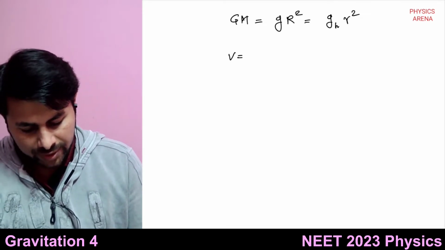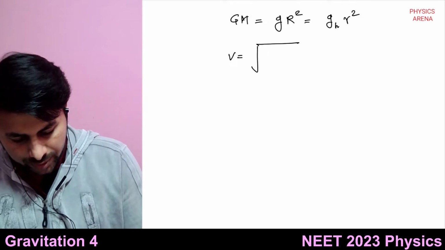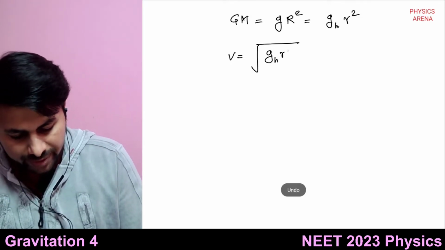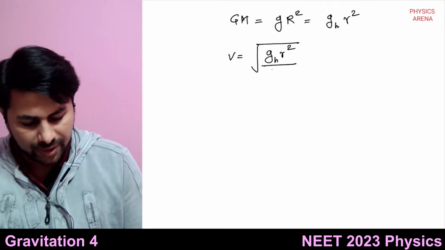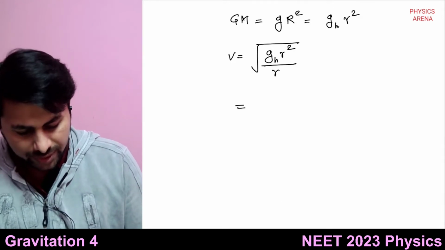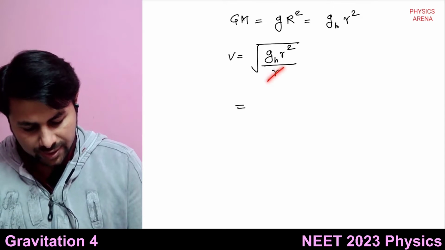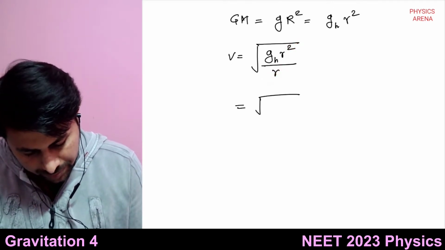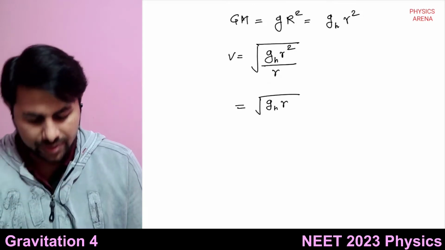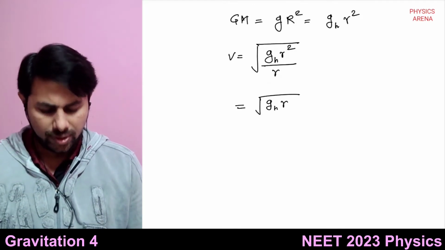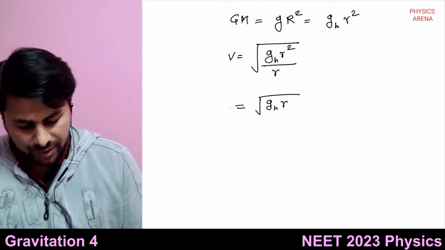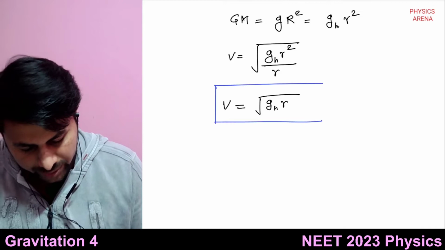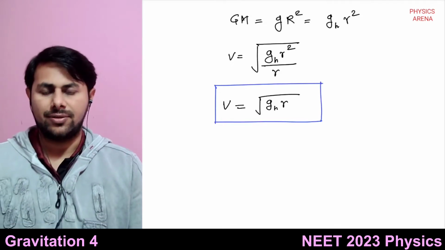That is v equals the square root of gh multiplied by r square divided by r. So it's equal to what? This r gets cancelled out with the square. So it's equal to the square root of gh multiplied by small r. Or we can say the square root of gh multiplied by R plus h.